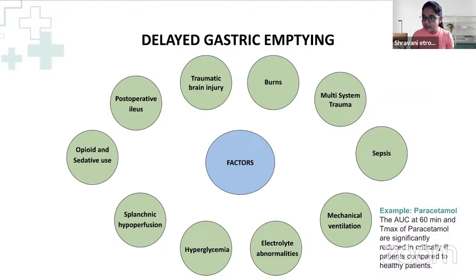And we know that drugs get highly absorbed from the small intestine. So if there is delayed gastric emptying, that will indirectly affect the time of absorption of the drug. One such example is paracetamol. The AUC at 60 minutes and Tmax of paracetamol are significantly reduced in critically ill patients compared to healthy patients.